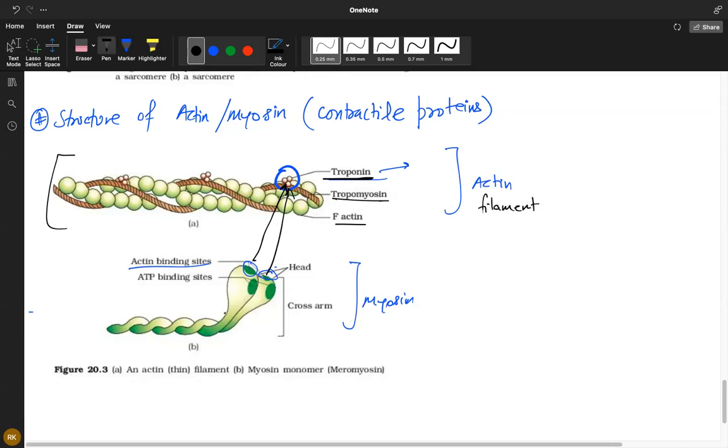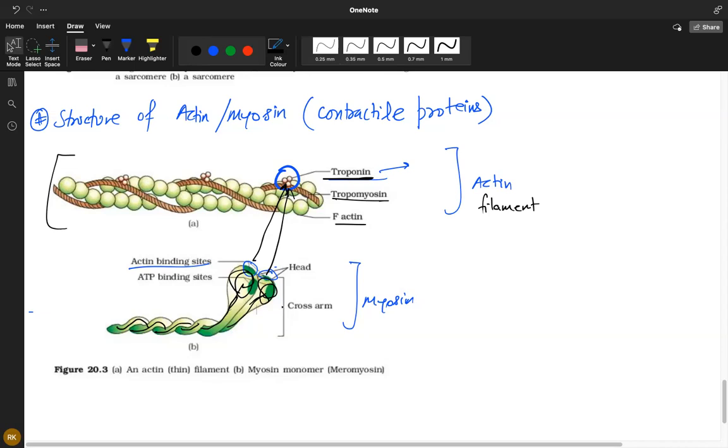Now let's come to myosin. Before going further, in myosin you can see that there are two monomers, two things intertwined together like this, like a two-headed snake. Can you see it? Myosin looks like a thick filament, and write down, it is a polymer protein.